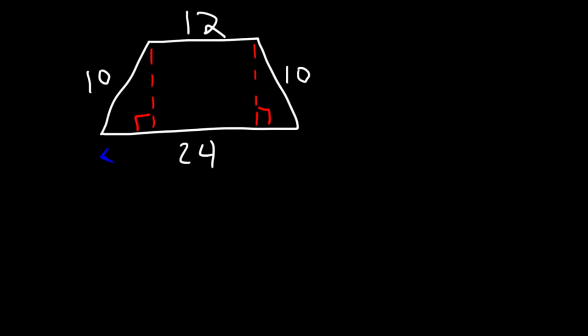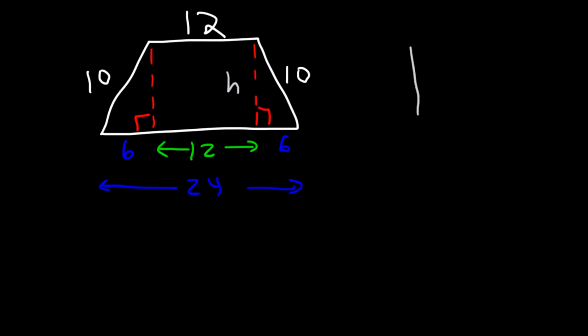Now keep in mind, this entire length is 24. Which means that this is 12. So this section has to be 6, and that has to be 6, so that it adds up to 24. So now we can find the height of the right triangle. So this is 10, this is 6, we've got to find the missing side.